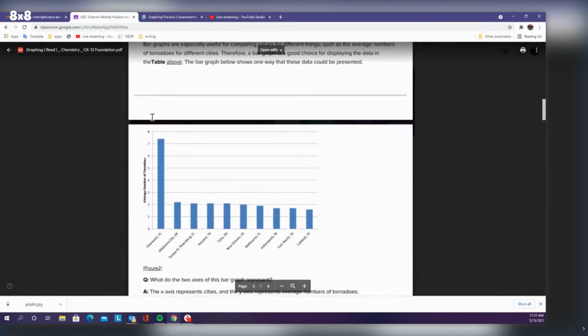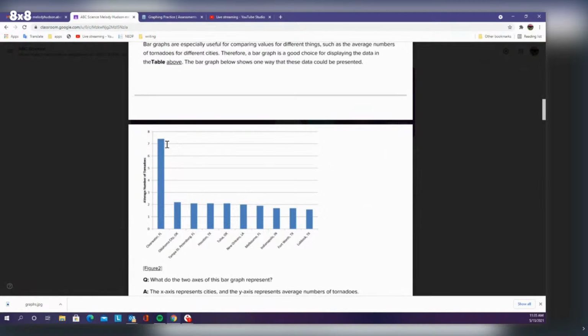Average number of tornadoes per city, same amount of cities, and you can easily see that Clearwater, Florida has about 4 times as many as the other cities. So what do the two axes represent? The x-axis, we're talking about math here, this horizontal line represents the cities. The y-axis, this vertical line, represents the average number of tornadoes.